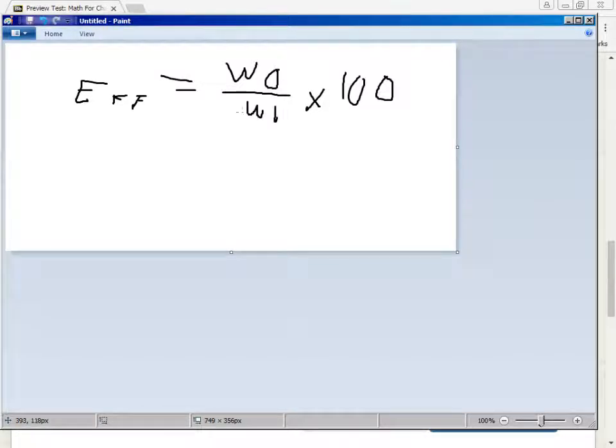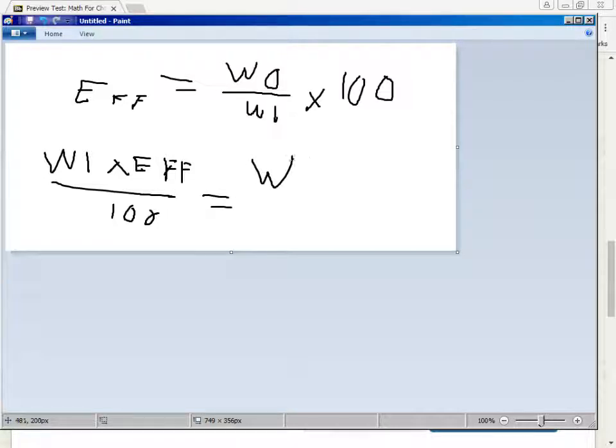So that equals efficiency times work input divided by 100 equals work output. What does that look like? Because over here you have work output divided by work input times 100. Over here you've got work input times efficiency divided by 100.